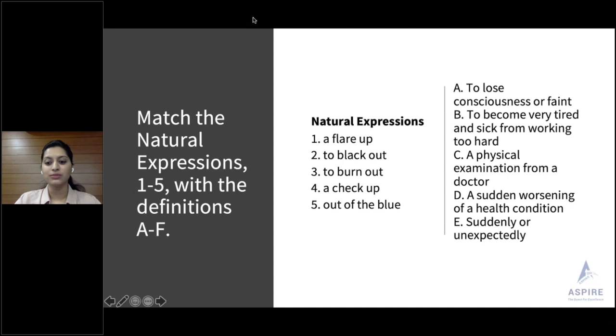It's better to use these terms instead of medical terminology or medical definitions. Is there anyone who wants to enter the answers? No, no one.